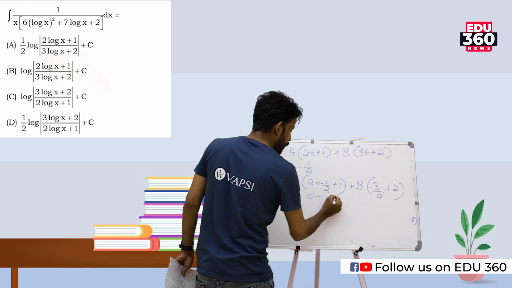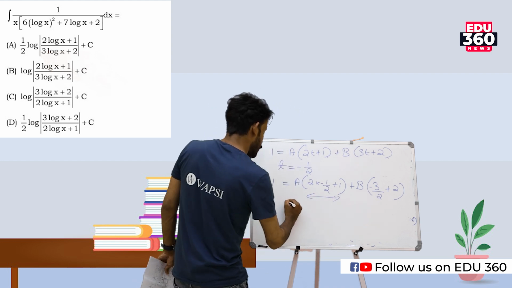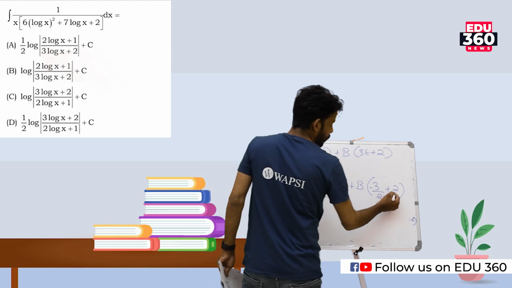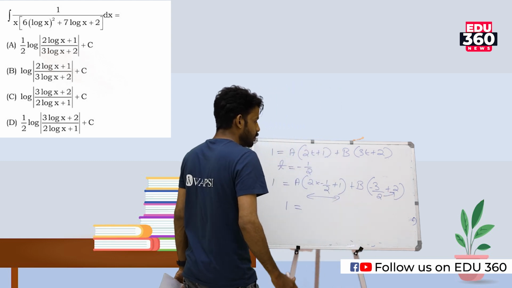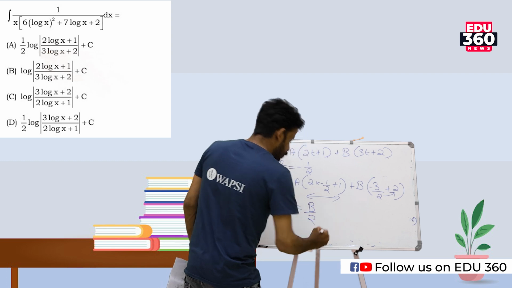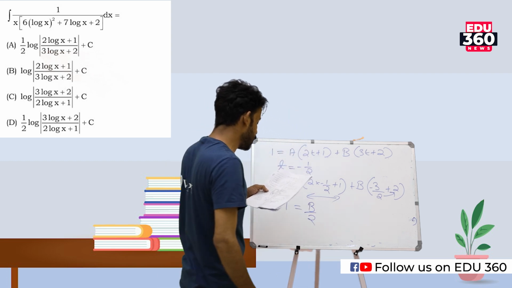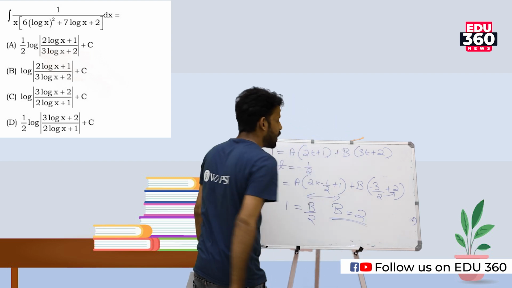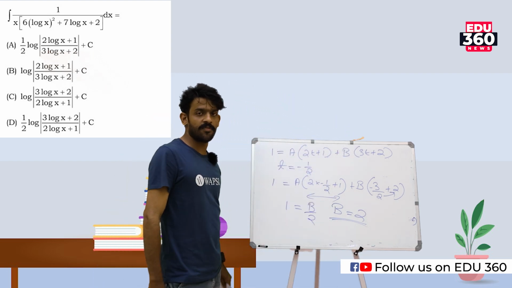So the first term will be 0. So 4 minus 3, 1 by 2, so B by 2. So the value of B is equal to 2.